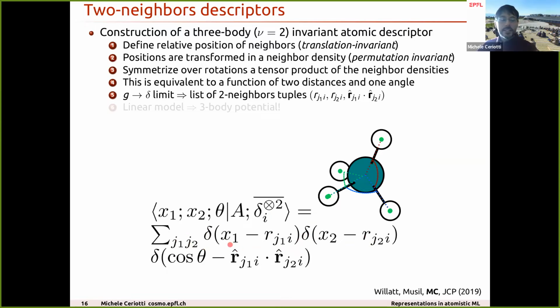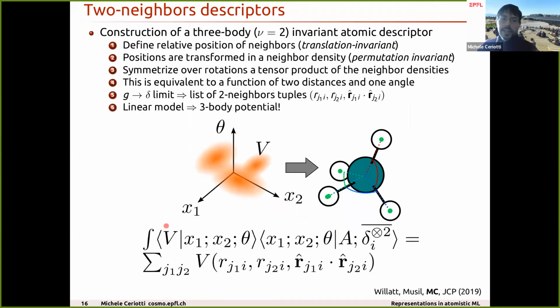It is basically a sum of delta distributions that characterize the set of distances and angles between pairs of neighbors. And if we build a linear regression over this representation, what we have is basically a fully symmetric 3-body potential, so a function of the coordinates of 2 neighbors of each central atom, that we can use as the basis to expand a model of the atomic properties.